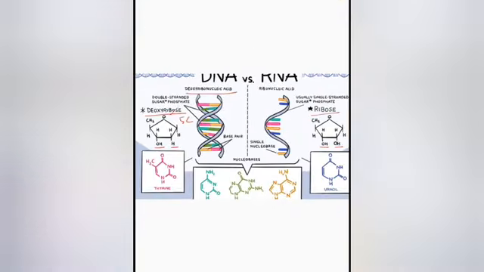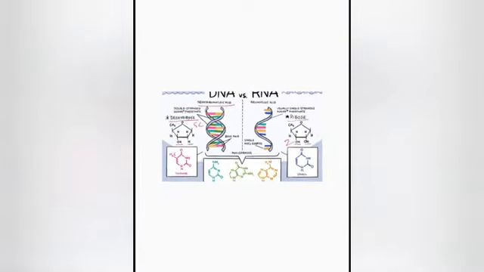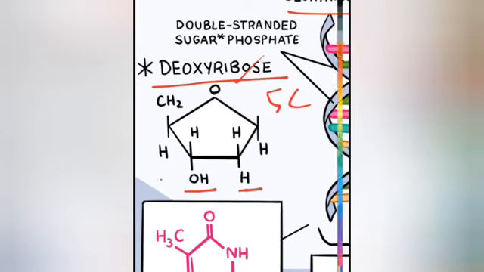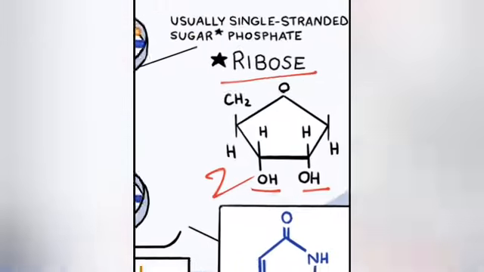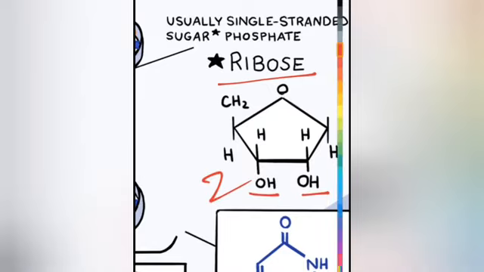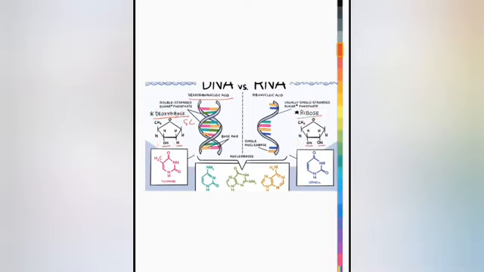So the difference you can see is that here there are 2 OH molecules, but here there is only one OH molecule. Thus there is a deficit of one oxygen molecule in here. So deoxyribose, D means less, oxy means oxygen. So deoxyribose has one oxygen less than what ribose has. Clear?